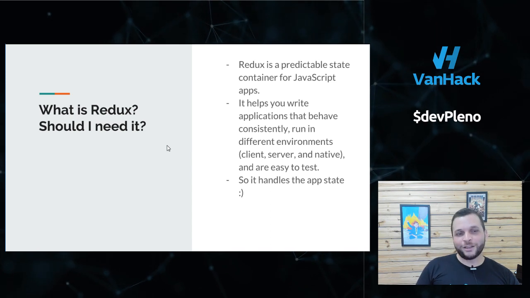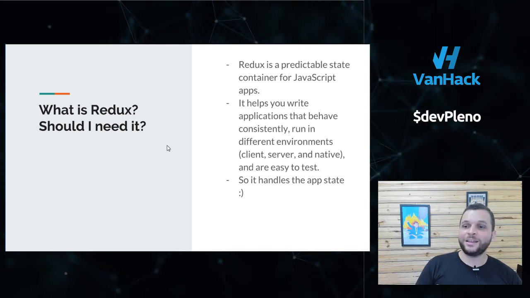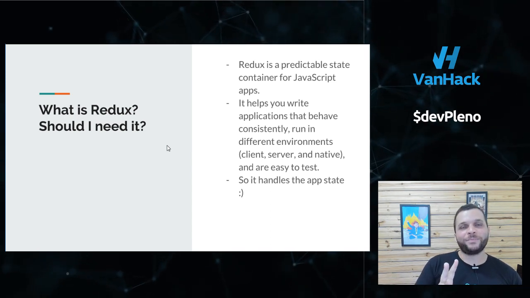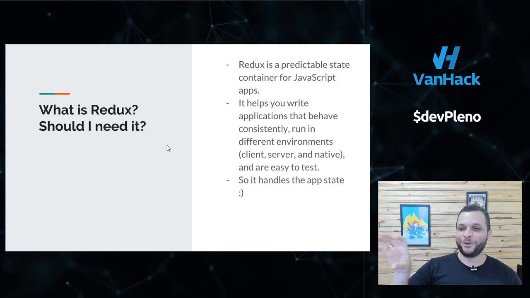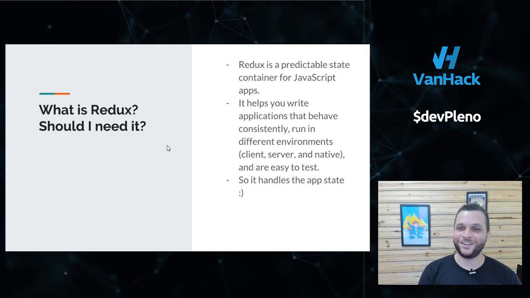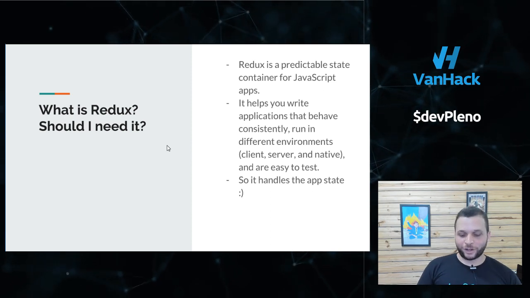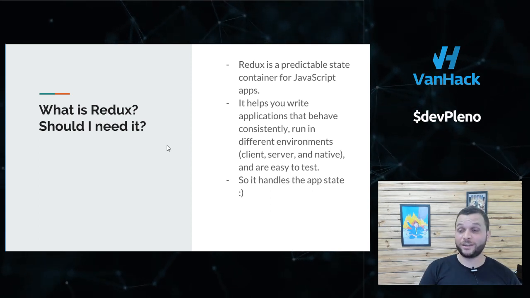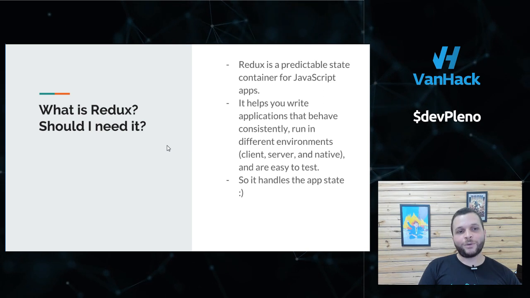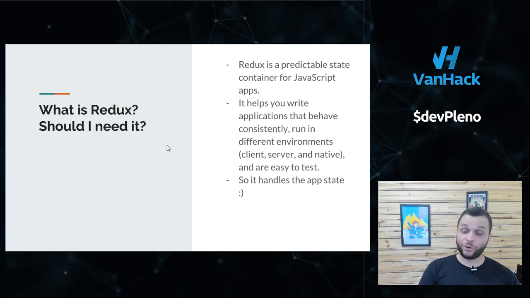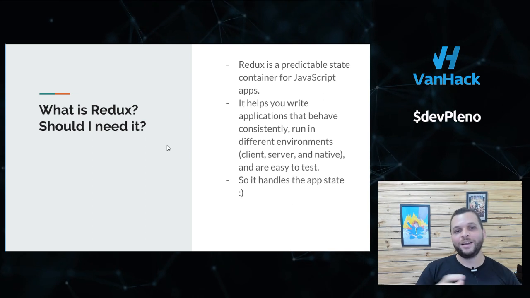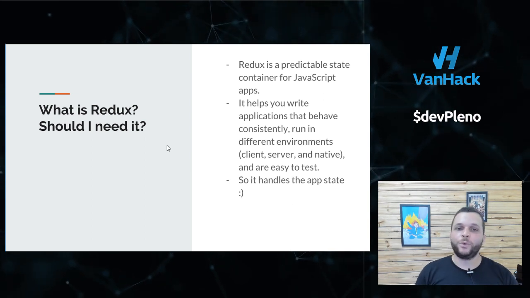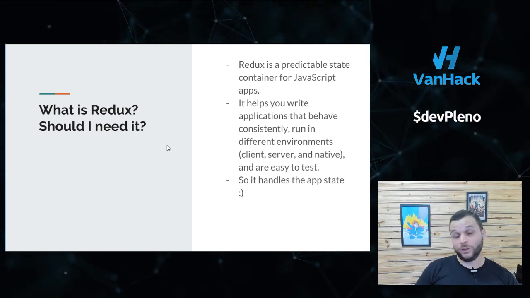So right now we've said twice that something is really good for testing. I don't know if you paid attention to this, but I talked to you about functional stateless components that are very good to test, and right now I'm talking about Redux that is very good to test. So we can test more, or cover more with tests using React.